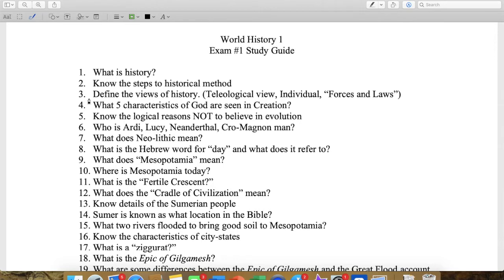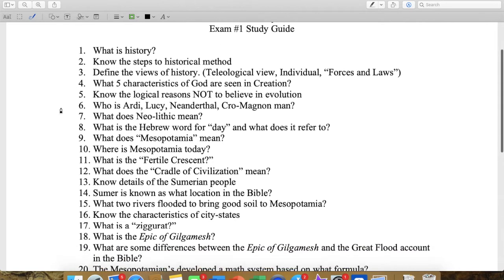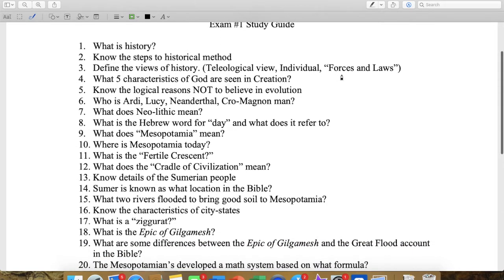Okay, number three, define the views of history, and I put them there. Those are the three views. You need to know these three views: the teleological, regarding God's will, the individual with great men and women making decisions, and that affects things that take place after that. Forces and laws deal with natural forces or societal laws that cause other change of events that occur in the future.